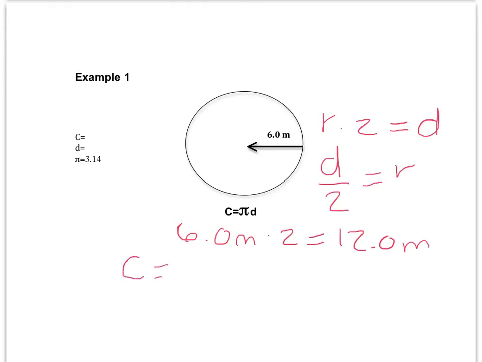So circumference is equal to pi times 12 meters, which gives us a circumference value equal to 37.7 meters. Now it's important for us to include to 1 decimal place because our radius was included to 1 decimal place. It is also important to include our unit of measurement, which is in meters.